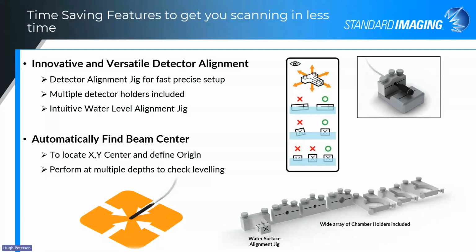That's an automated feature. It just runs a chamber out to the 50% lines, finds that 50% line in all four directions, and will give you feedback as to what your left, right, in and out shift should be for centering that, and then you can automatically reset the origin to that position. Very quick and easy.